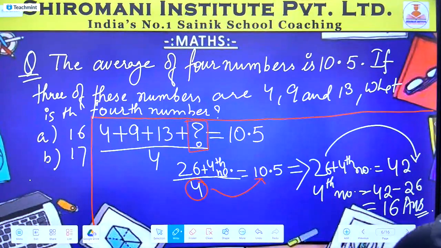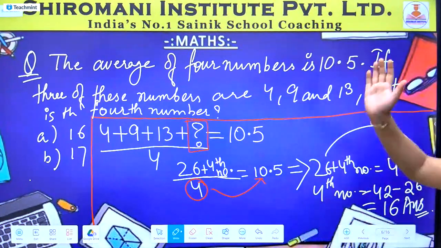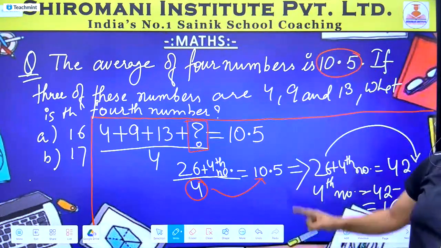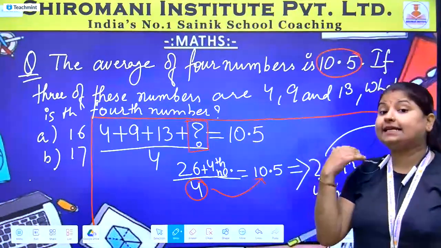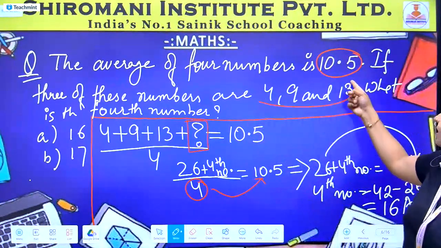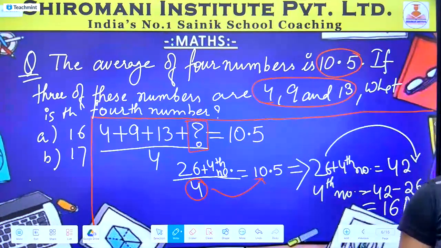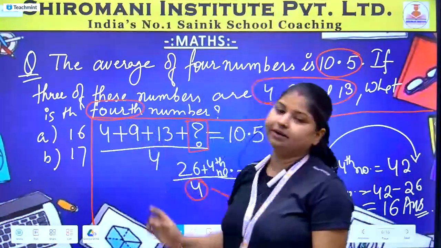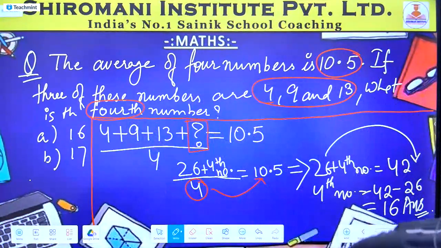Same topic, same question, and you can easily do it. The average of four numbers is given to us as 10.5. This time three numbers are given to us: 4, 9 and 13. I have to find the fourth number. So 4 plus 9 plus 13 plus the fourth number, that is the question mark, upon 4 is 10.5, given in the question.